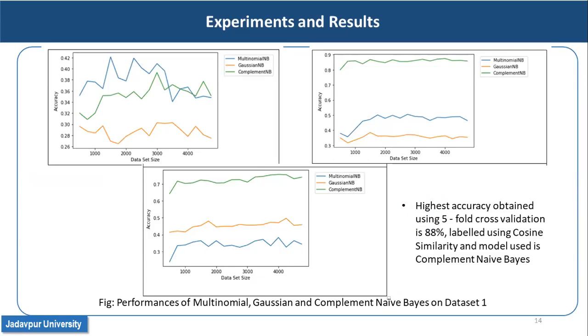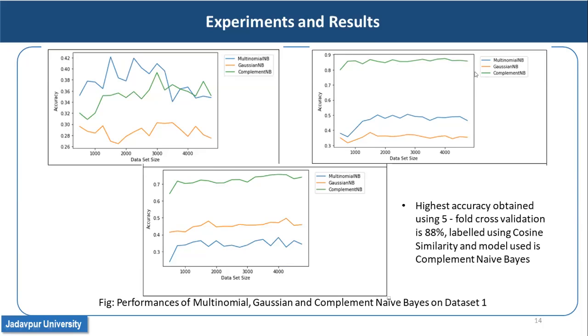So here are the performances of multinomial, Gaussian and complement naive Bayes using the three different kinds of labeling. The cosine similarity labeling, in the second figure, has been found to be the highest using fivefold cross validation, and the model is complement naive Bayes for most of them.